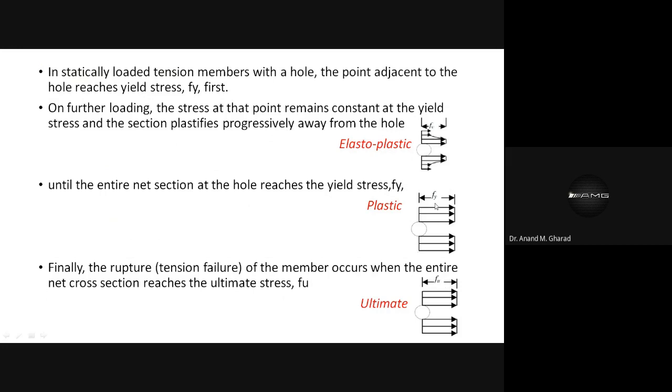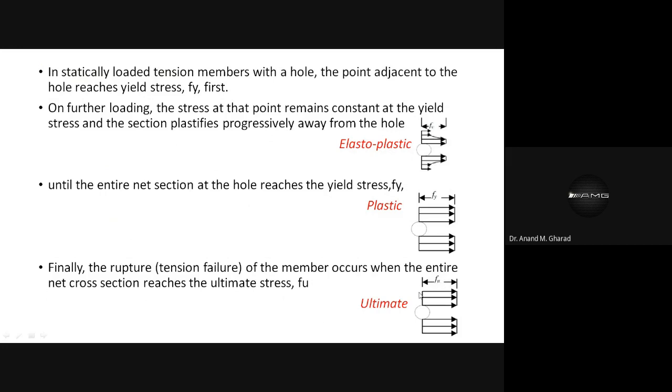Right? So slowly what will happen with the increment in the load, the stress concentration in the periphery, first of all, it will reach up to its yield value. Slowly that yielding will be transferred to the end of the plate, and a point will come that it will reach up to its ultimate strength or ultimate stress value.